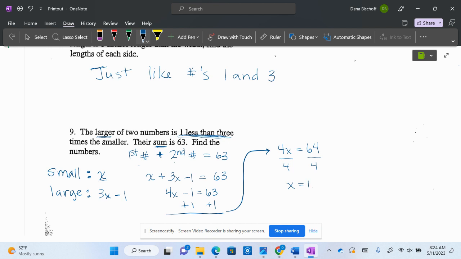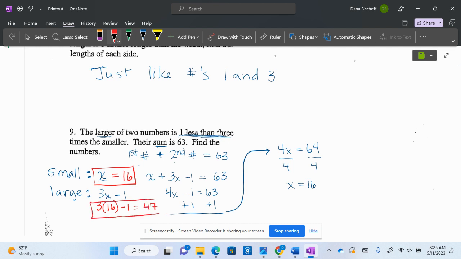X equals 16. So that means my small number is 16. My large number is 3 times 16 minus 1, which is what? Yeah, it's 47.